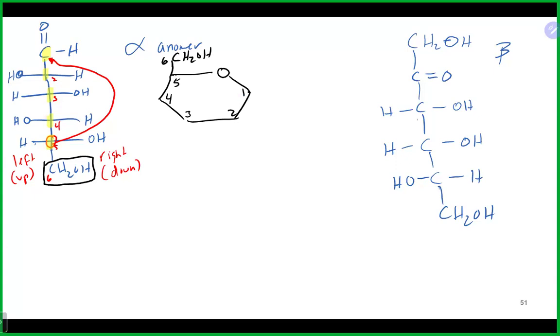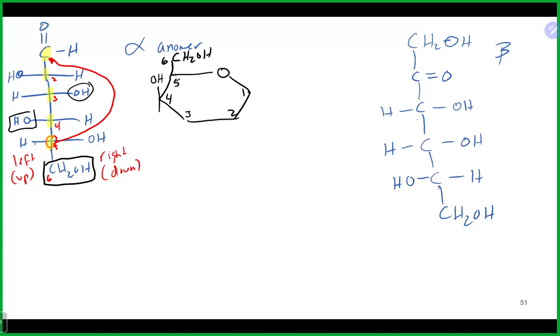All right, now we're just going to place everybody where they go. Once again, we're always going to skip the carbon that forms the ring. So in this case, this would be carbon 5. We're going to go to carbon number 4. And here I see my OH group is on the left, which means when I drop it on its side, it will be pointing upwards. So we are going to put my carbon number 4 OH upward. You go to carbon number 3, we see it's on the right-hand side.